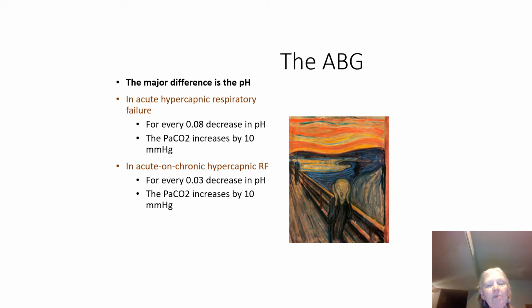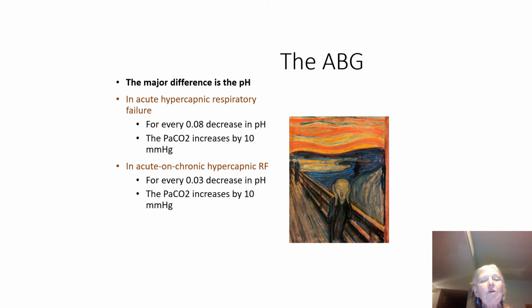In acute hypercapnic or ventilatory respiratory failure, for every decrease of 0.08 in the pH, you're going to see the CO2 increase by 10. We always start our pH at 7.40, the middle, the ideal, and the PaCO2 increase starts at 40 millimeters of mercury, which is also the center and the ideal.